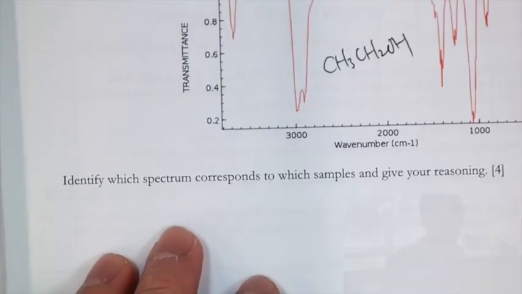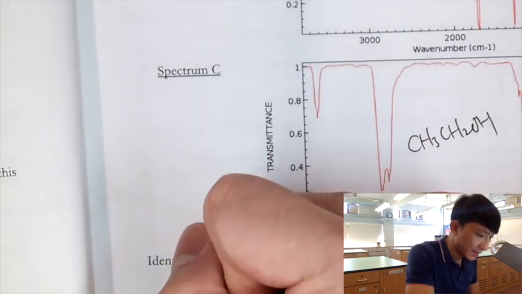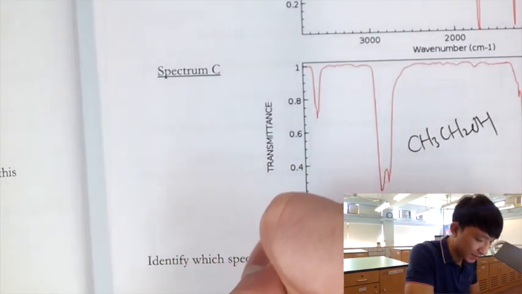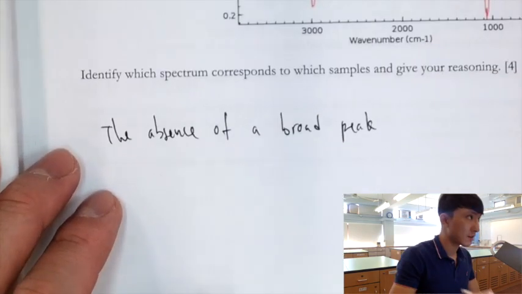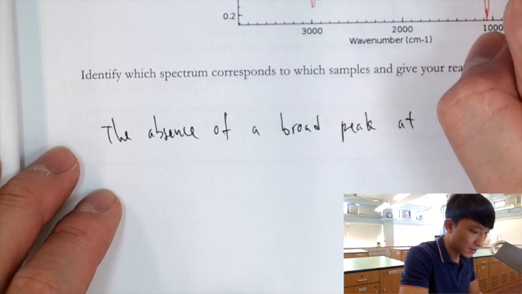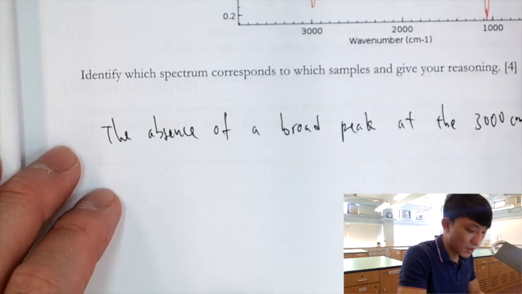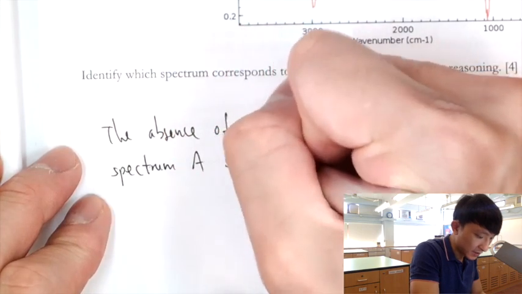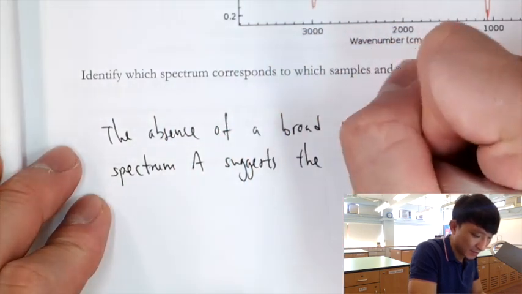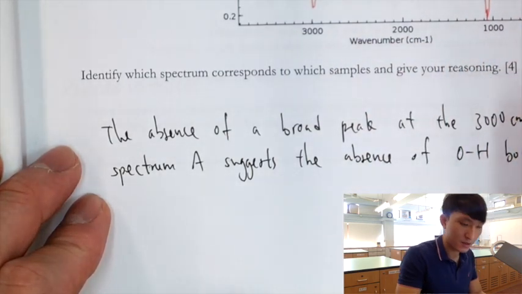So, for example, we can put down here, okay? You can say the absence of a broad peak at the 3000 cm^-1 region of spectrum A suggests the absence of an OH bond, okay?